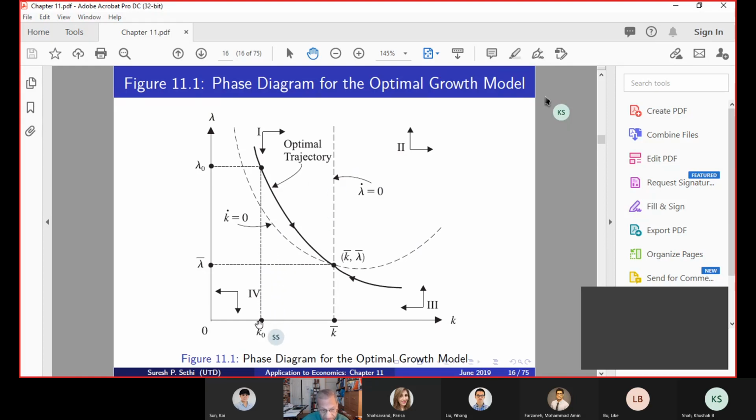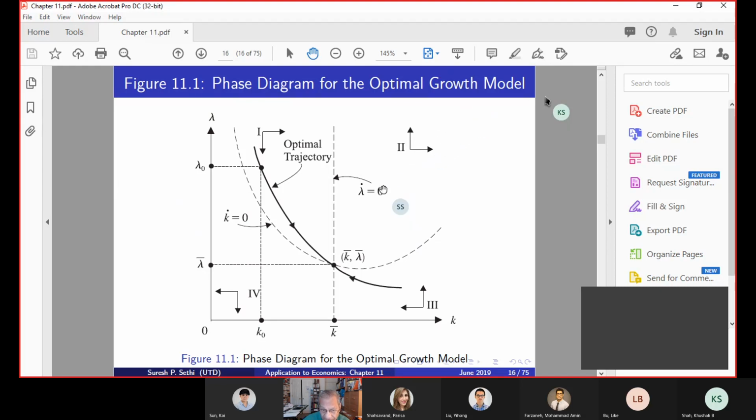Okay, so if I have a k0 here, then it's clear that lambda 0 cannot be in this quadrant. Because if I'm here, this curve will go like this, and if the curve goes like this, it cannot come here. So we rule out this quadrant. This other quadrant is not going to work either, because if I put it here, the path will go like this.